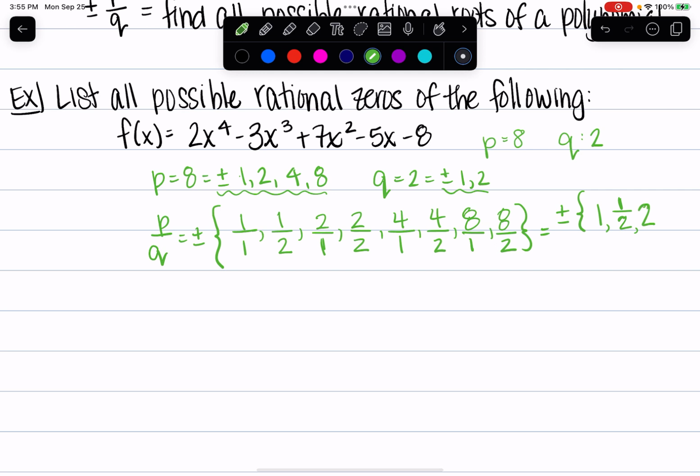I've already got that written down, so I don't need that. 4 divided by 1 is 4. 4 divided by 2 is 2. Already have it. 8 divided by 1 is 8. And 8 divided by 2 is 4. Already have it. So these right here, the positive and negative, these 5 roots, both positive and negative, are possible zeros to this problem. So here are all your possible ones you can do.